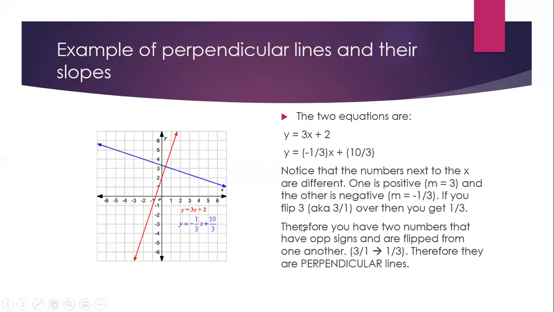And if I take that 3, which is technically 3 over 1, and flip it over, I get 1/3, so negative 1/3. They are opposite signs and flipped from each other. Well, opposite and flipped is perpendicular.